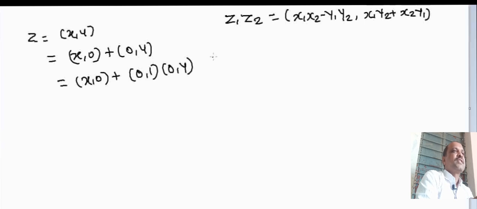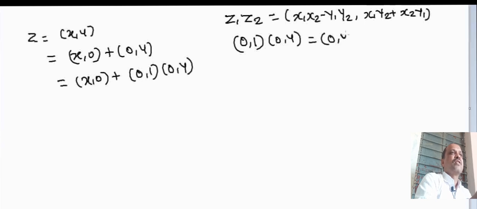So you can see that this 0 comma 1 into 0 comma y is, so let us see here, x1 into x2, and this is nothing but 0 comma y, by ordered pair multiplication. Okay. So this is an ordered pair multiplication.